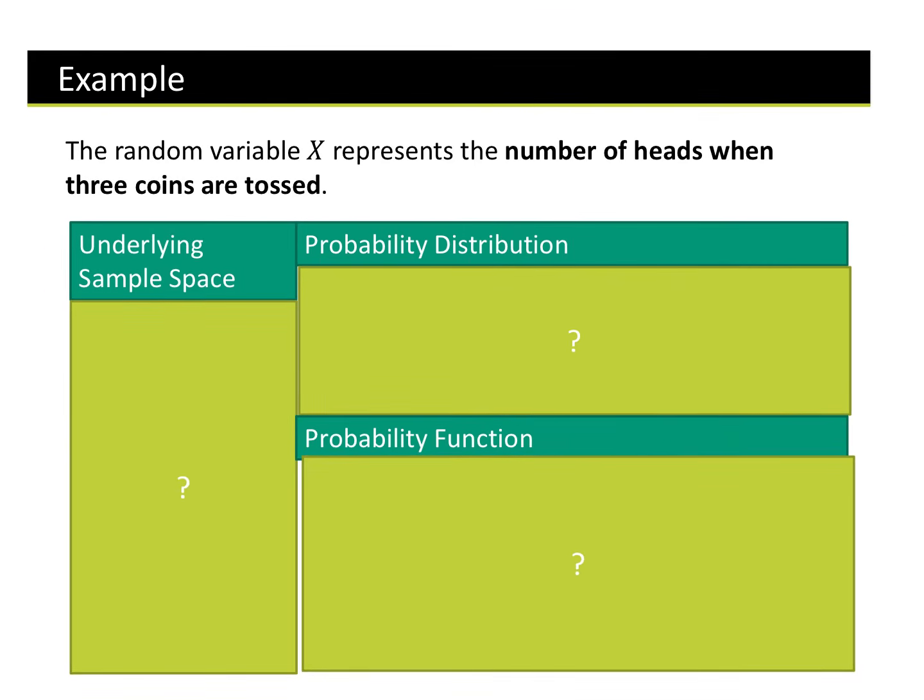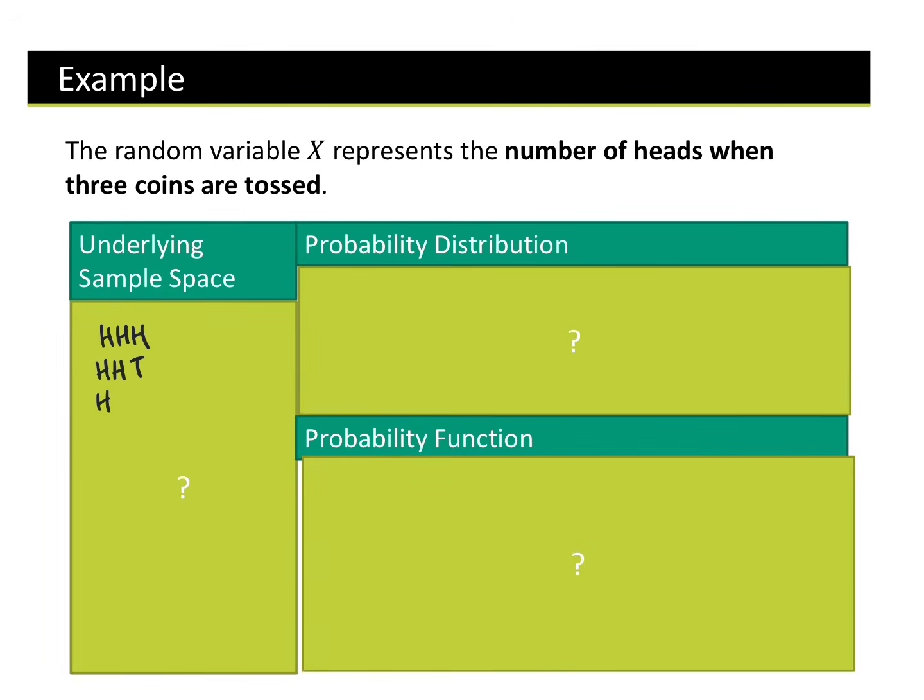Okay, so we're going to do an example. The random variable X represents the number of heads when 3 coins are tossed. When we did GCSE, we would be looking at a sample space diagram. A sample space diagram of the 3 coins tossed shows all the possible values. We could have heads, heads, heads. We could have heads, heads, tail.